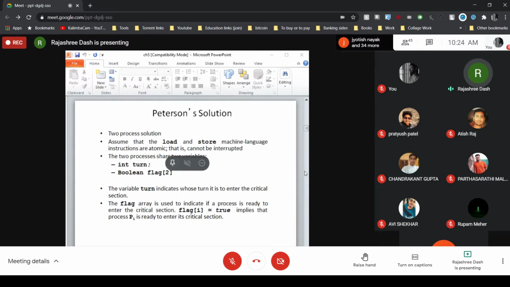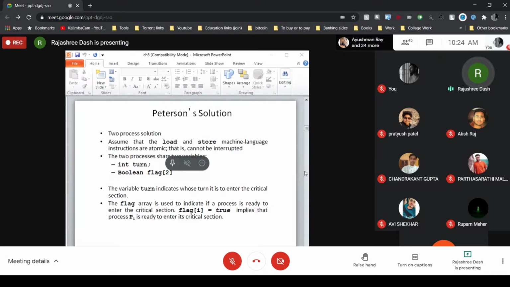Now, Peterson's solution requires the two processes to share some data items. What are those two data items? One is an integer variable named turn. Another is an array of type boolean having size 2, named flag. Turn is simply one integer variable, flag is a boolean array, so either it will store the value true or false.